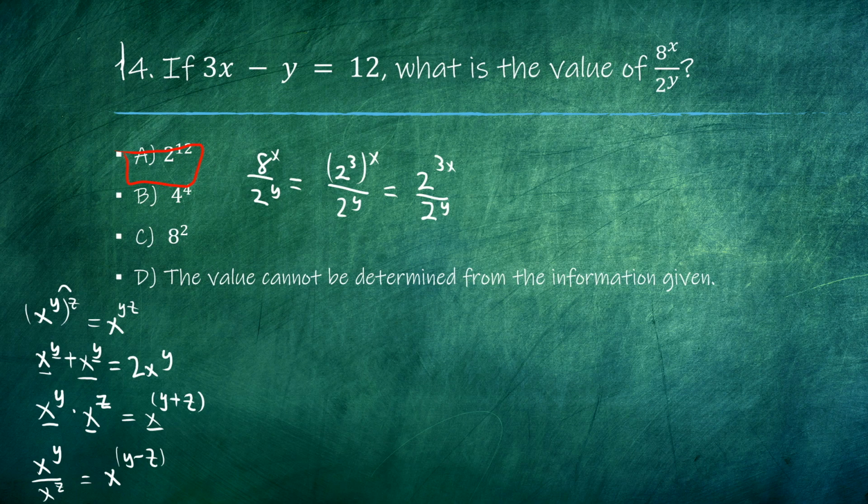And we know that when we are dividing two of these terms like this, that simplifies into 2 to the 3x minus y because we're dividing the same base. And conveniently, we know that 3x minus y is 12. So this whole thing is just 12. And our answer is 2 to the 12th power.